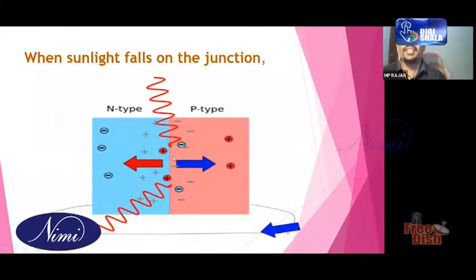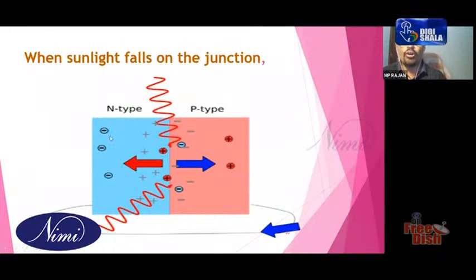This newly generated, newly emitted electron will be attracted towards the positive field. There is a flow of electrons towards the N-type semiconductor, because here there is a positive field, and here there is a negative field. Electrons are attracted to the positive, and holes are attracted towards the negative.